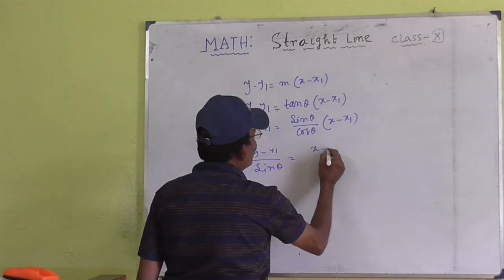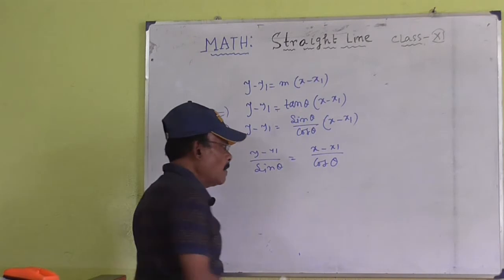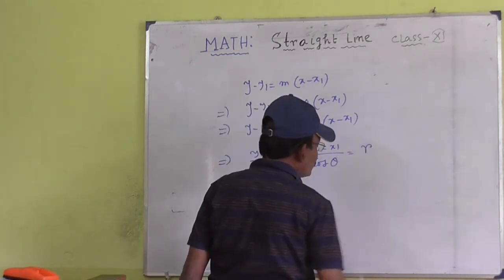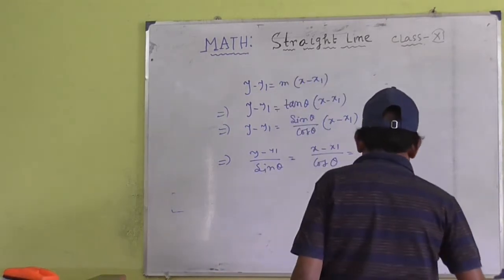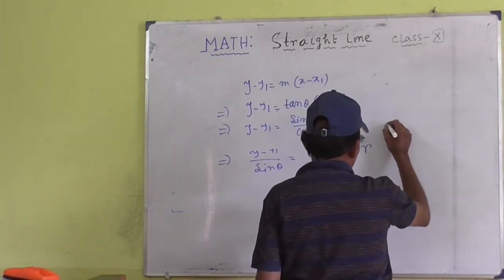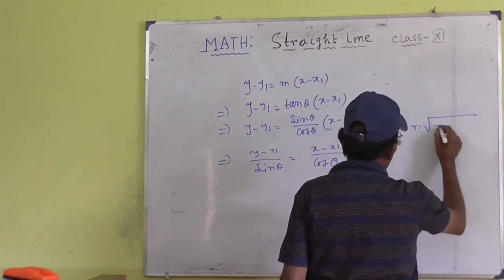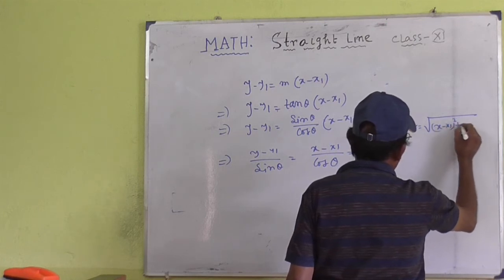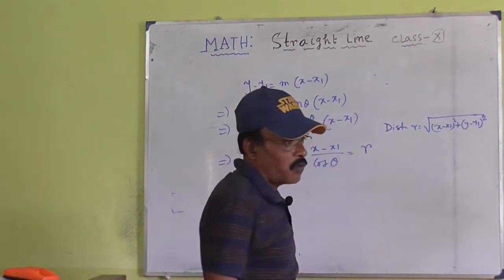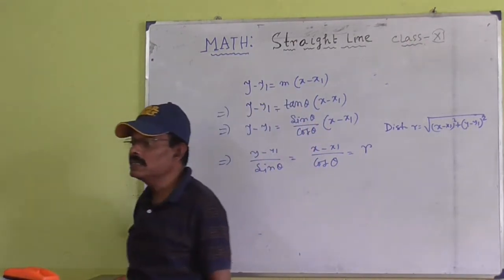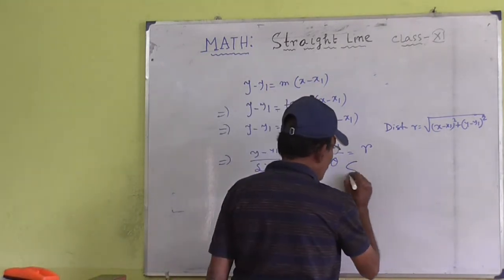in such a way that (x minus x1) by cos theta, let us take these two ratios to be r, greater than 0. Okay. What is r? R is the distance, r equals root over (x minus x1) whole square plus (y minus y1) whole square. The name of this form is symmetrical form.